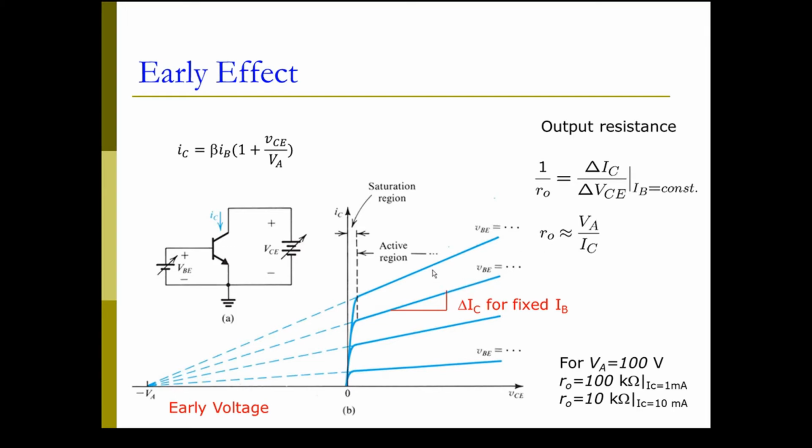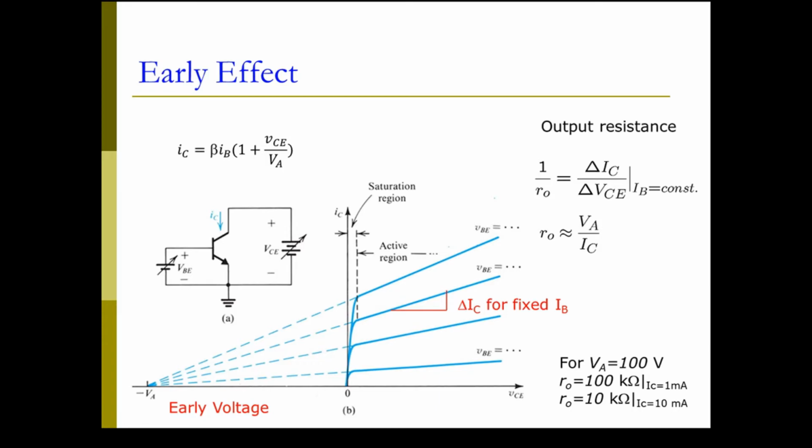As we can see here, at a different location, this ro will be different. That is because it is capital IC dependent, the DC current, right? This current change will give us a different value of this output resistance, because our VA number usually does not change.